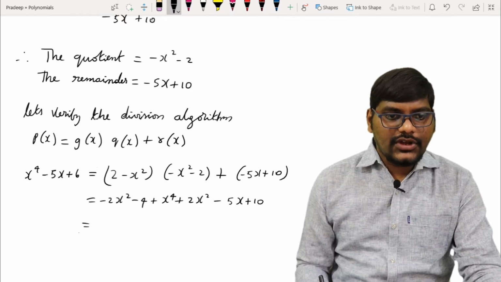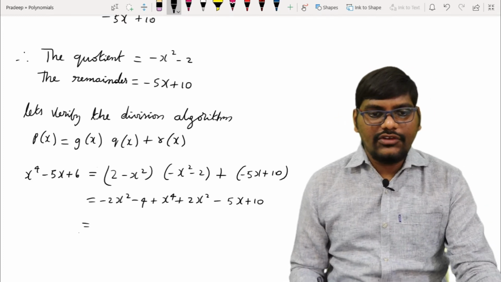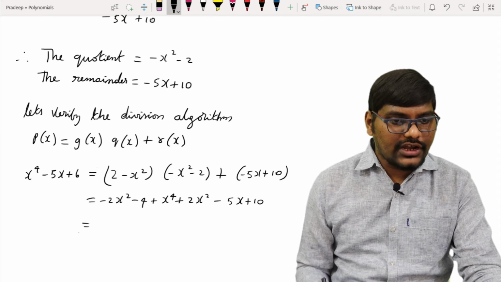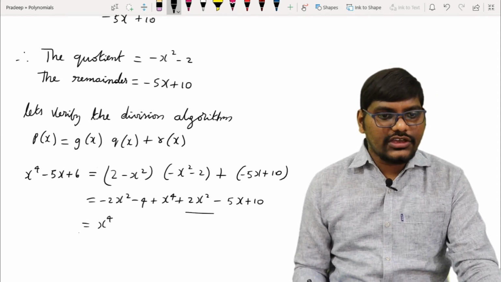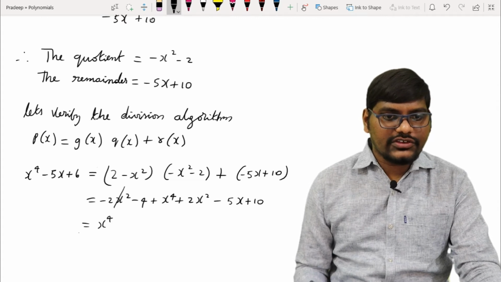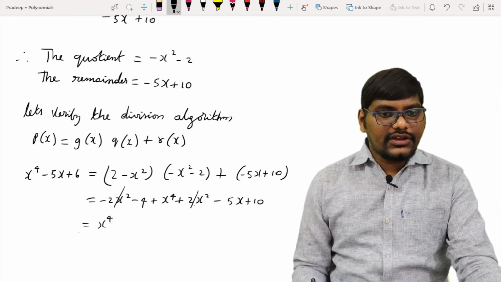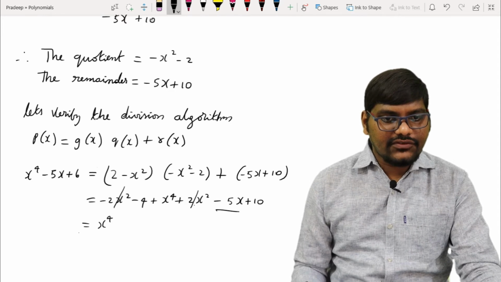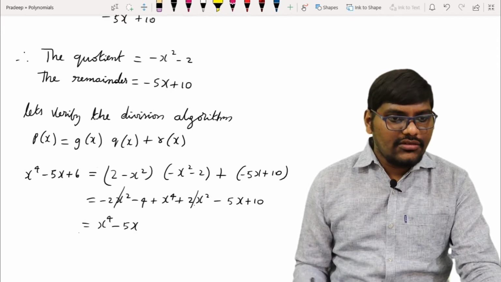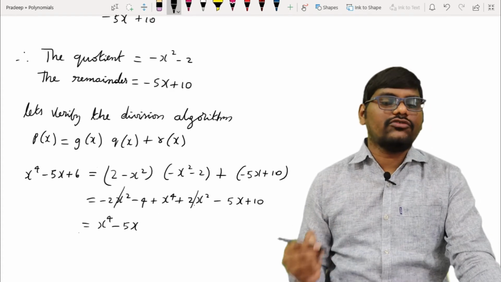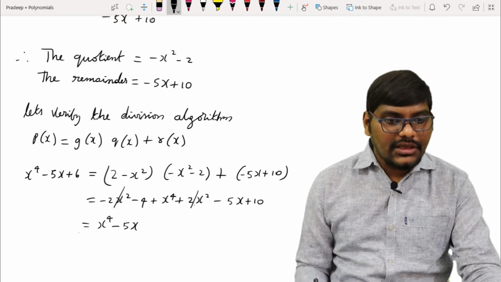Okay, so now here we'll just solve it further. X power 4, I have to write the highest power first, so this is plus 2x square, this is minus 2x square, we can just cancel both of them, and the remaining values are, this is minus 5x I'm writing here, so plus 10 minus 4, that means we'll be getting plus 6.